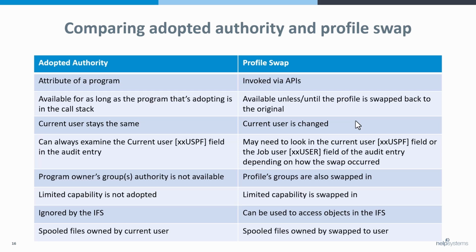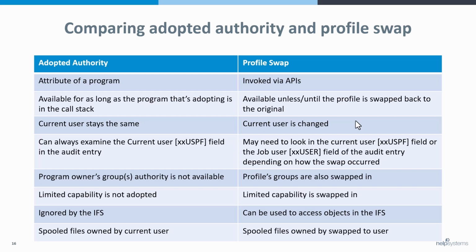With adoptive authority, the current user always stays the current user. So you don't see that difference in the job. It's always the same user when the program is being utilized to adopt authority. With a profile swap, the actual current user of the job is changed.